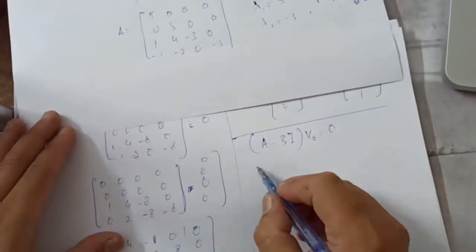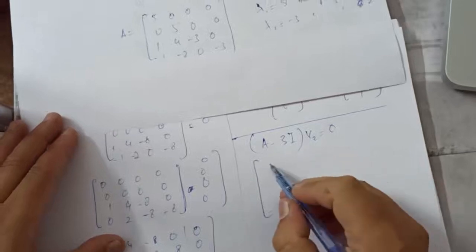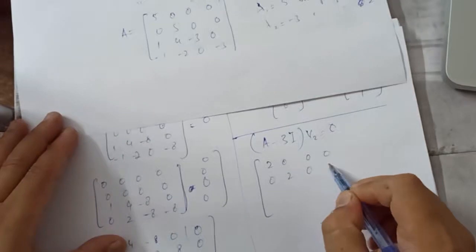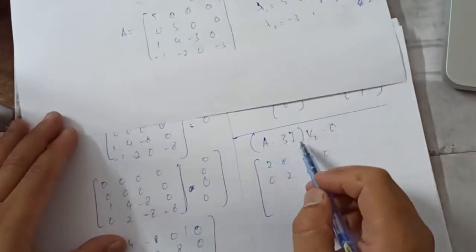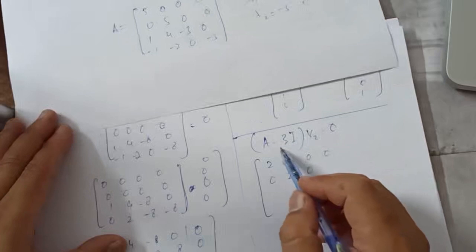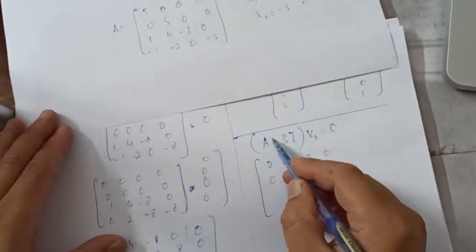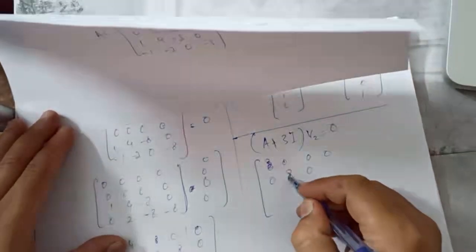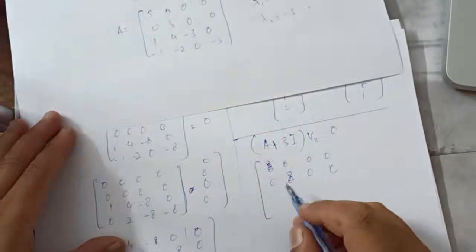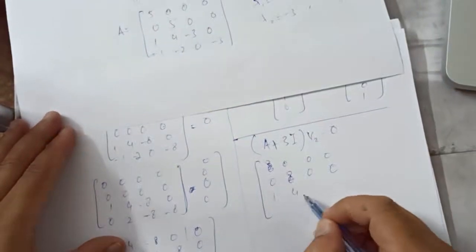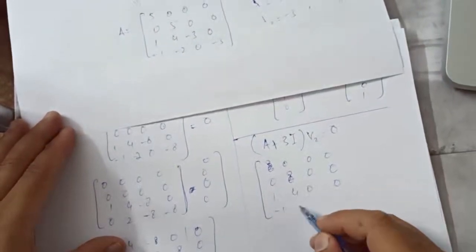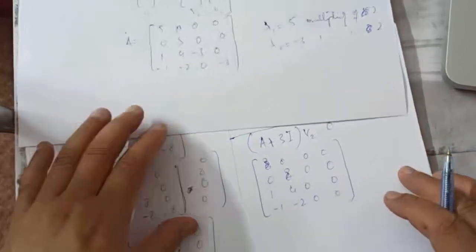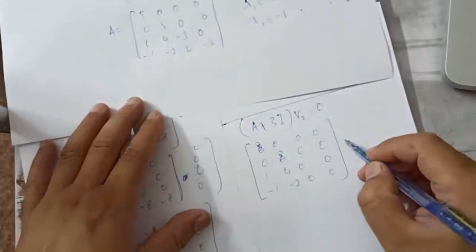In that scenario, the matrix I get is 8 8 0 and 1 4 0 0 minus 1 minus 2 0 and 0, right? And this should be equal to 0.